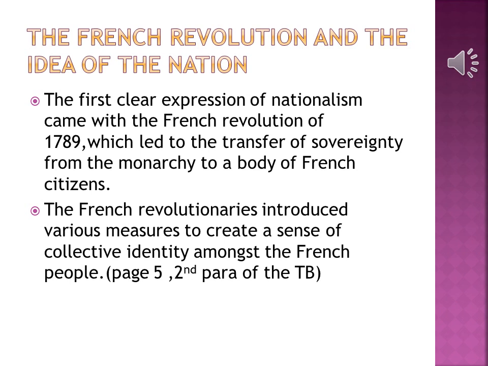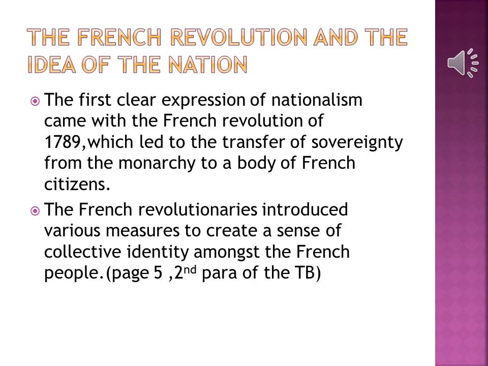So, the French revolutionaries introduced various measures to create a sense of collective identity among the French people. The meaning of the sentence is that, as we learned in the previous chapter, Nationalism in India, there were four ways how the Indians created a sense of collective identity.